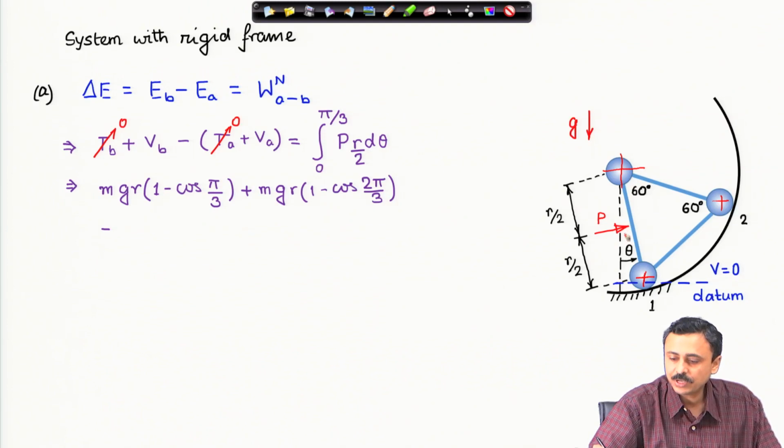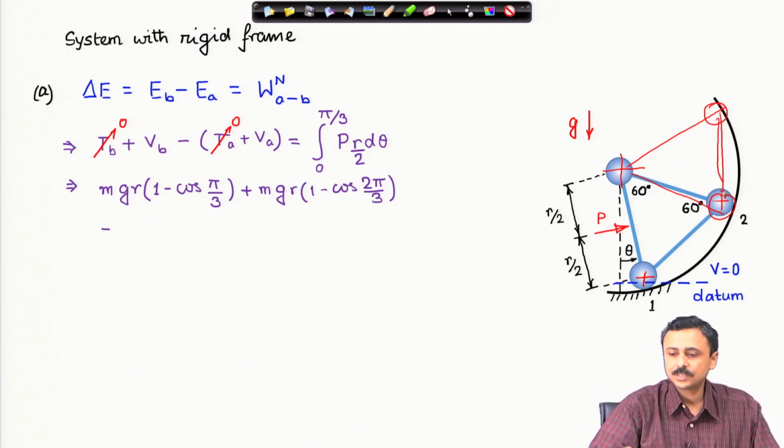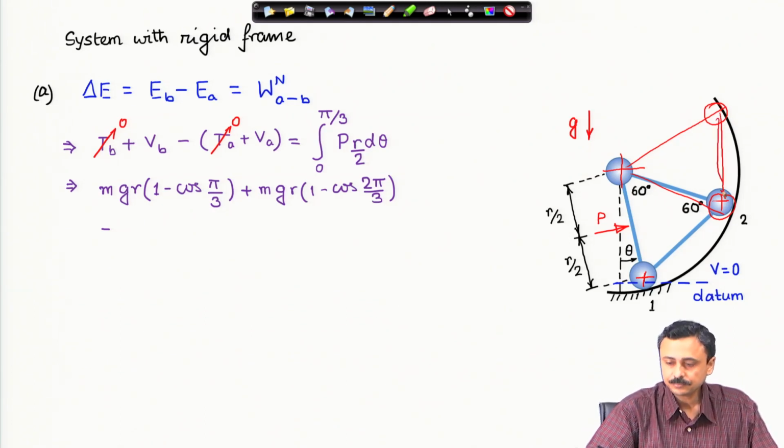When theta equals 60 degrees, this looks something like this. It reaches this configuration. Well, this is 60 degrees, and from the start this is 120 degrees.